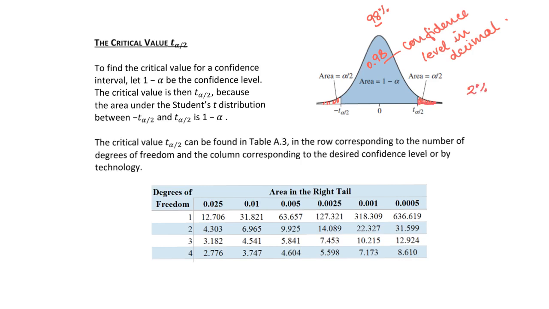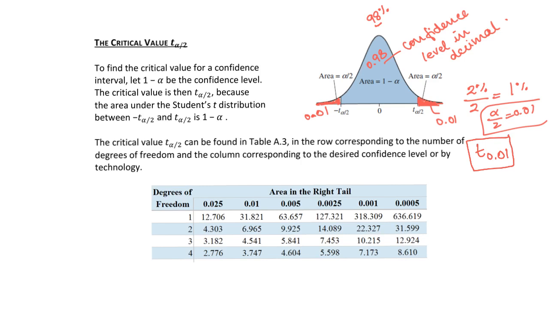Since these two areas are the same, the area of one of these will be 2% divided by 2, that is 1%. 1% in decimal is 0.01. So the area of each shaded part will be 0.01, or I can say alpha over 2 is 0.01. So the critical value is t 0.01.